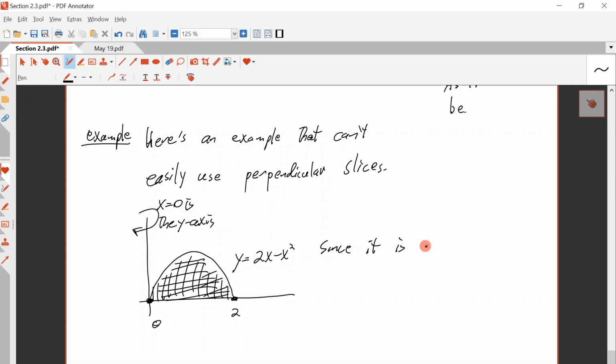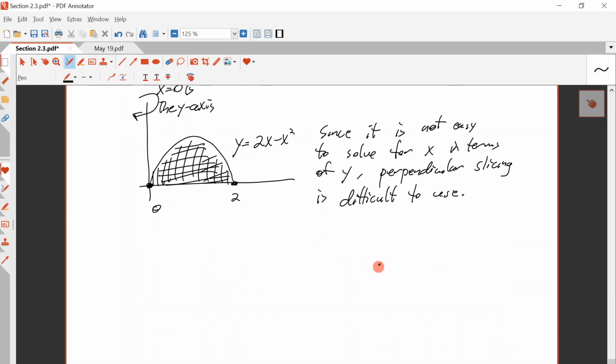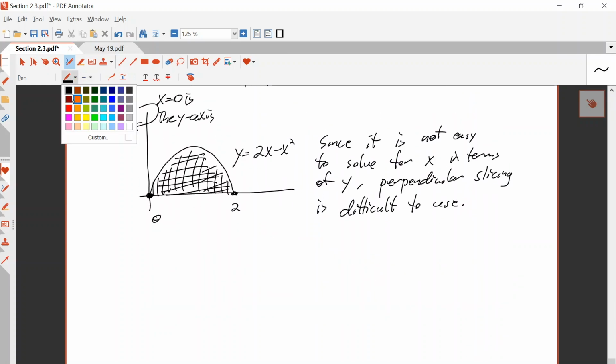Since it is not easy to solve for x in terms of y, perpendicular slicing is difficult to use. But shells works out very nicely.